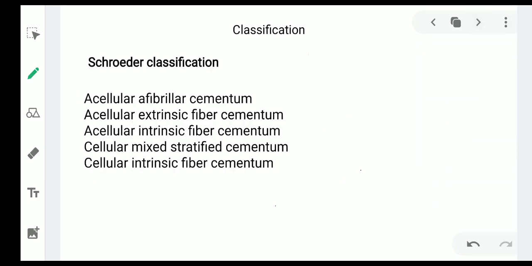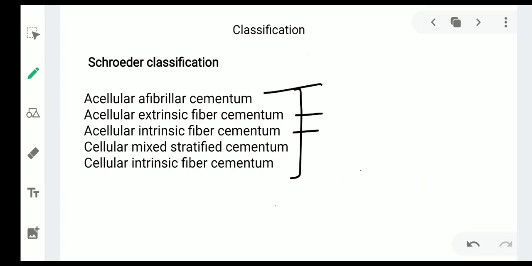Now there is another classification in which we have categorized Cementum into 5 different categories, and the categories are divided as per the names. First is acellular afibrillar Cementum. That means there are no cells or no fibers present. In the second there will be no cells but extrinsic fibers.